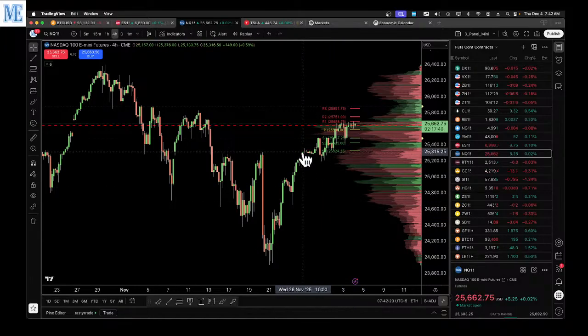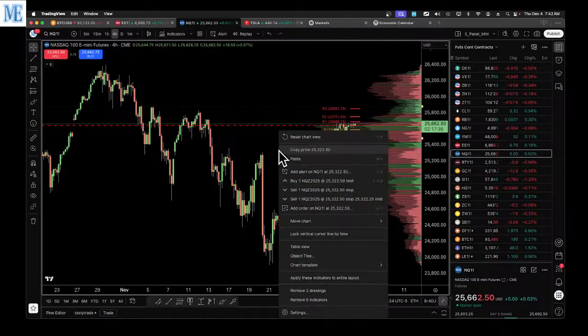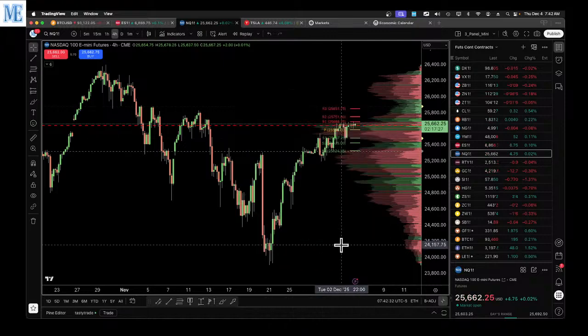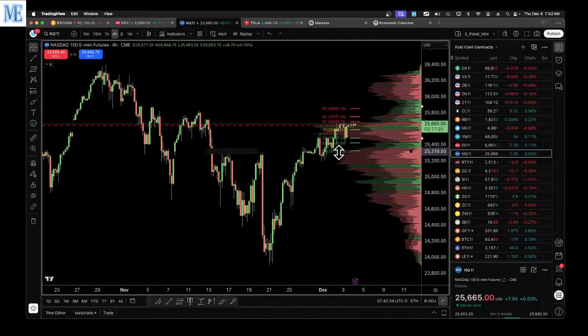So I guess I would... now that I look at it, that's really not a bad spot. 25,322.50. But this is one of those where how it gets there is really the issue. If we get there fast and furious, I won't stand in the way. If we get down there in a methodical, slow trading day, light volume here in December, yeah, it'd probably be a good buy down there.